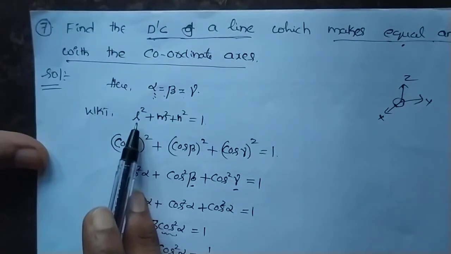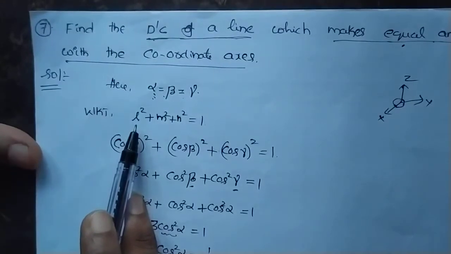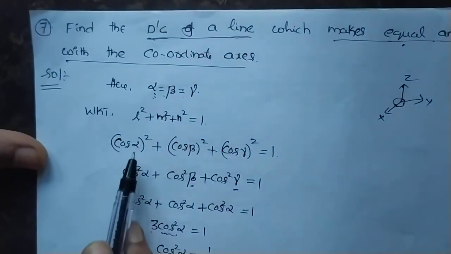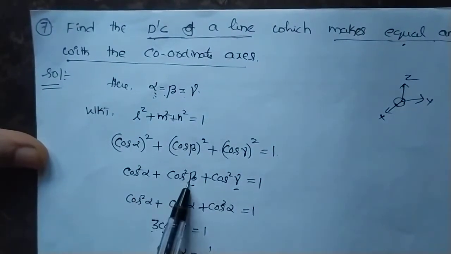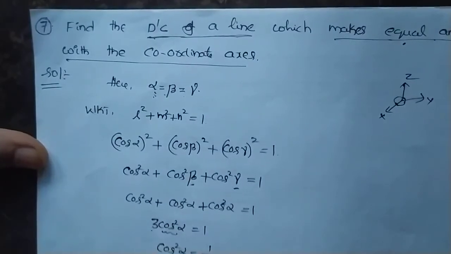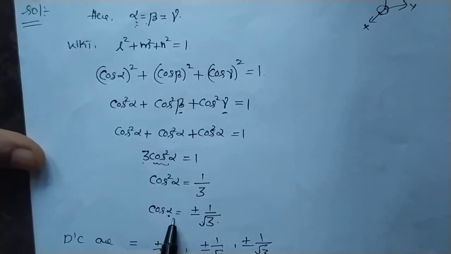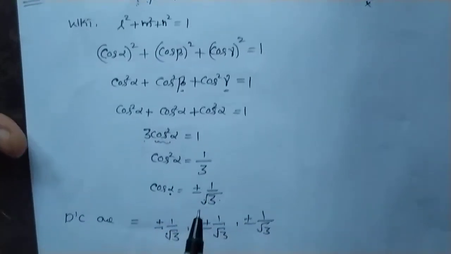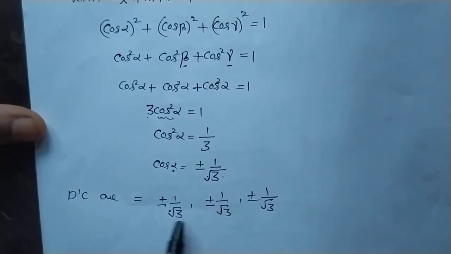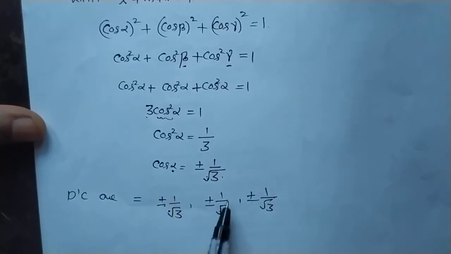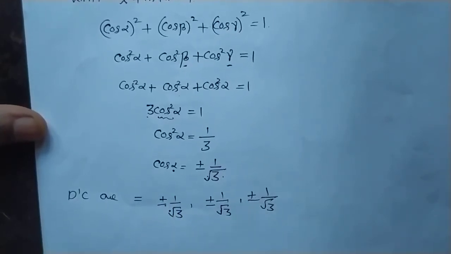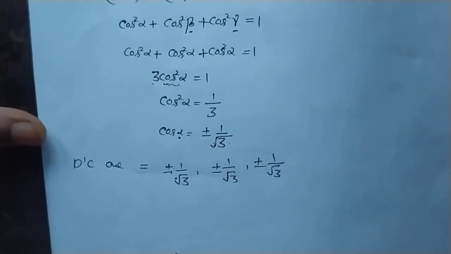We know the relation between the direction cosines of a line. Next, we substituted alpha in place of beta and gamma, then simplified. Finally, we get cos alpha equals plus or minus 1 by root 3. These are the direction cosines because cos alpha, cos beta, cos gamma are equal. Okay, next problem.